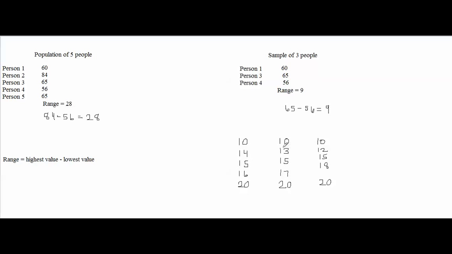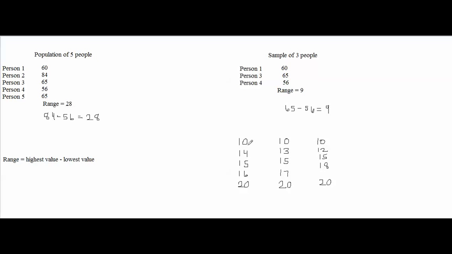These three numbers are two apart, so these three numbers have more dispersion than these three numbers over here. And these three numbers are three apart, which is more dispersion. So as we go from this list to this list to this list, we're seeing more and more dispersion between these three middle numbers. Right here, the three middle numbers are one apart. Here they're two apart, and here they're three apart.